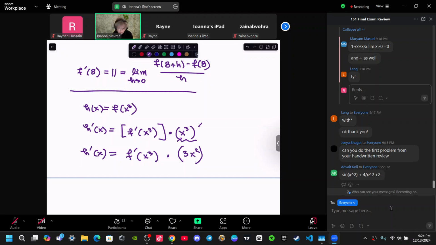So if somebody wants the derivative of h at 2, that's the same as the derivative of f at 2 to the third times 3 times 2 squared, right? The x's are replaced by 2. So this is the same as the derivative of f at 8.